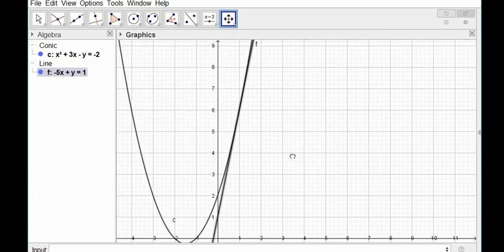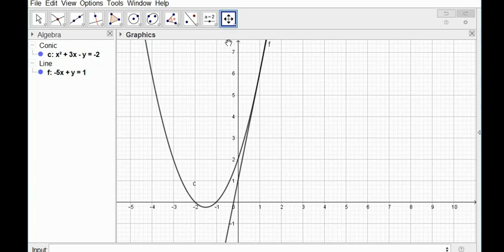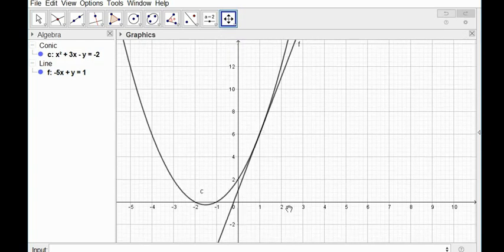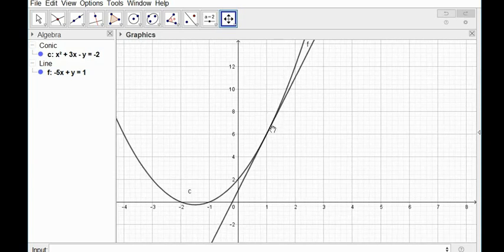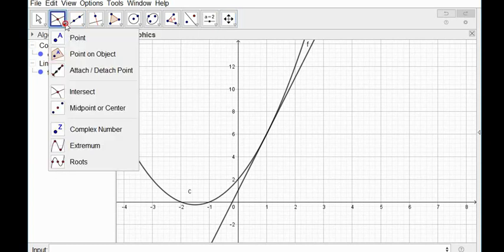So if we're going to zoom in. Yeah. So, actually, hindi zoom in pala. Going to move. Ito, move lang natin. If you'll notice, yeah, there is one point of intersection somewhere here. Now, may tool ang GeoGebra that you could find the intersection. Yan.